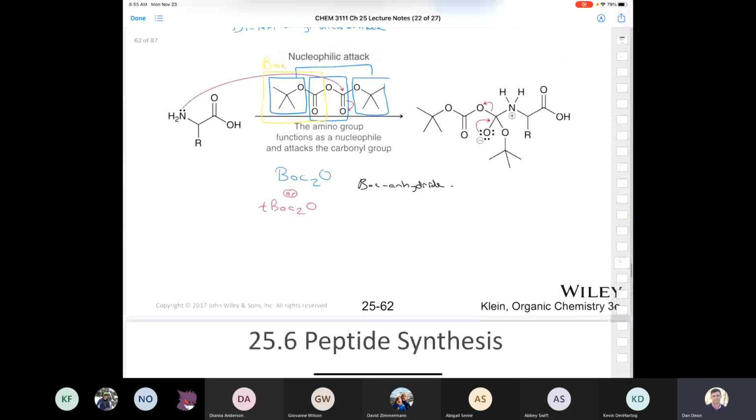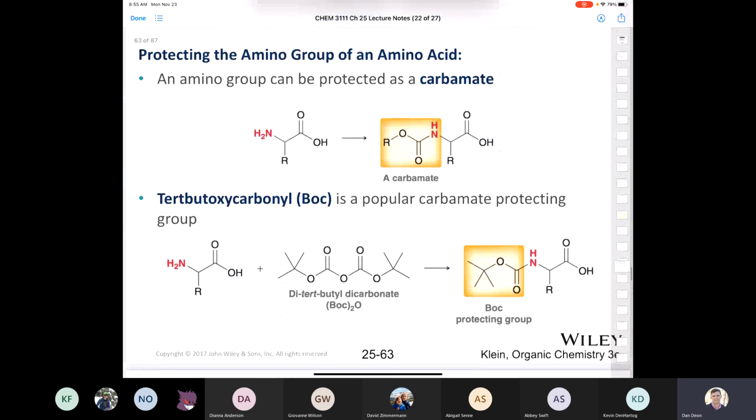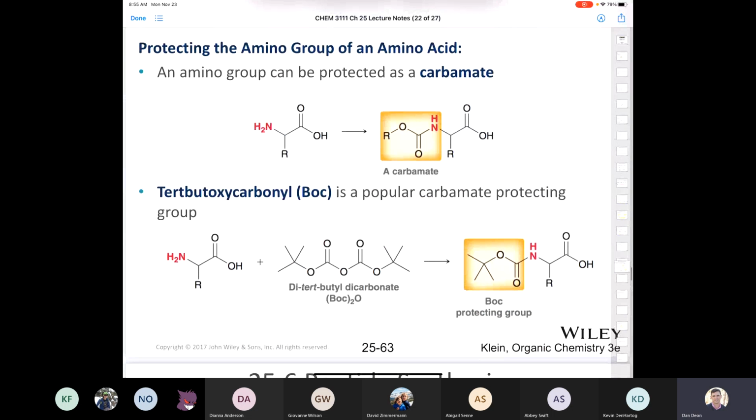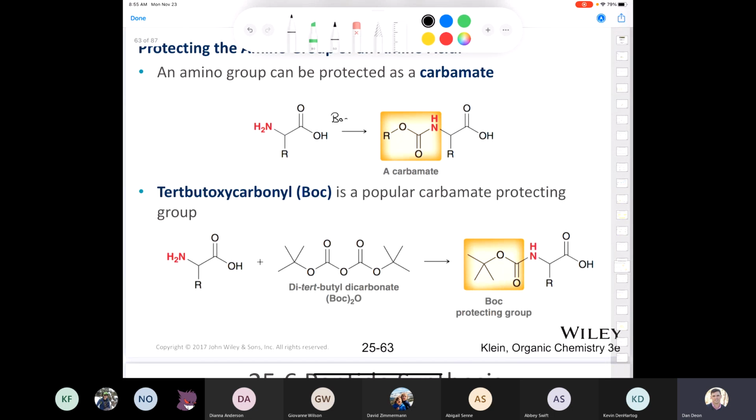So anyhow, you protect it with Boc anhydride, and then you end up with a carbamate. Here's the shortened version of it right here. You treat your amino acid with Boc anhydride, and you end up with a carbamate. So this is a new functional group. You guys know what an ester is. This is an ester. You all know what an amide is. This is an amide.